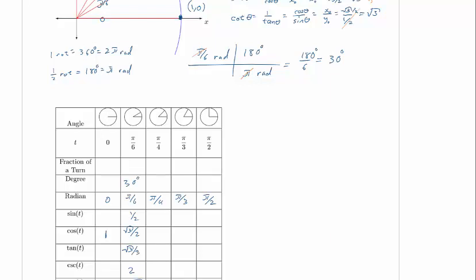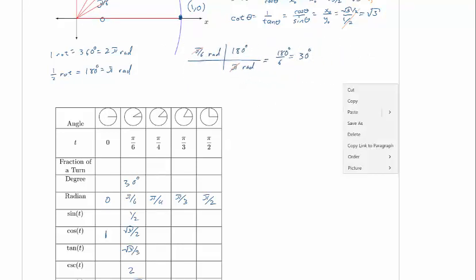Now let's go ahead and convert into fractions of a turn. So again, pi over 6 radians, and in 1/2 of a rotation we have pi radians.